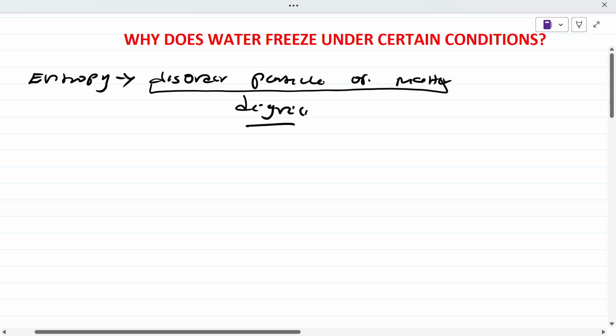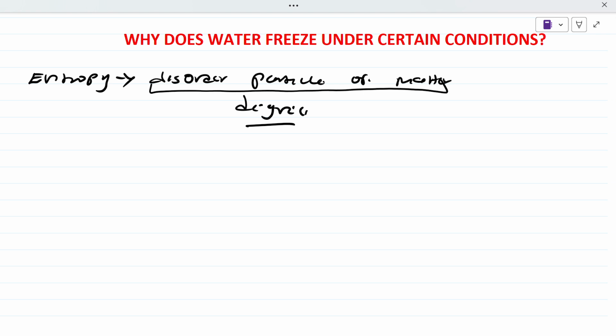Now, we want to apply the principle of thermodynamics and the kinetic stability of certain reactions to understand why, under certain conditions, water can be found as ice, while in other conditions, it is always found in liquid form.